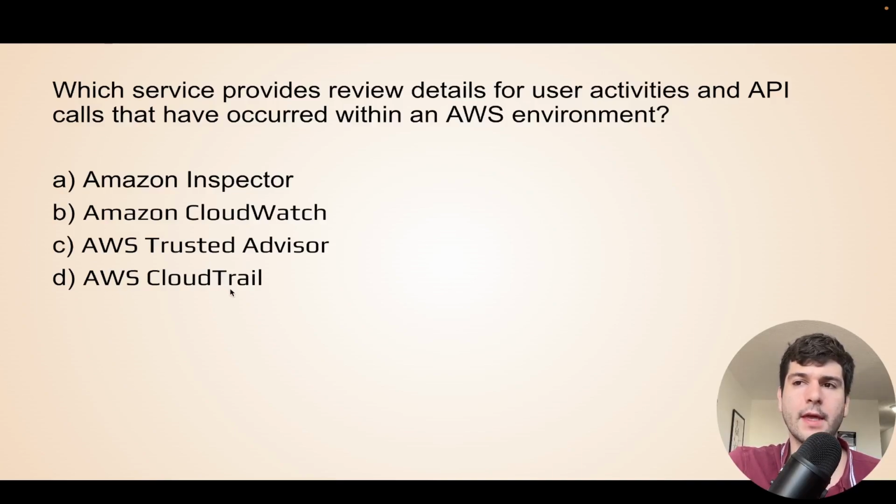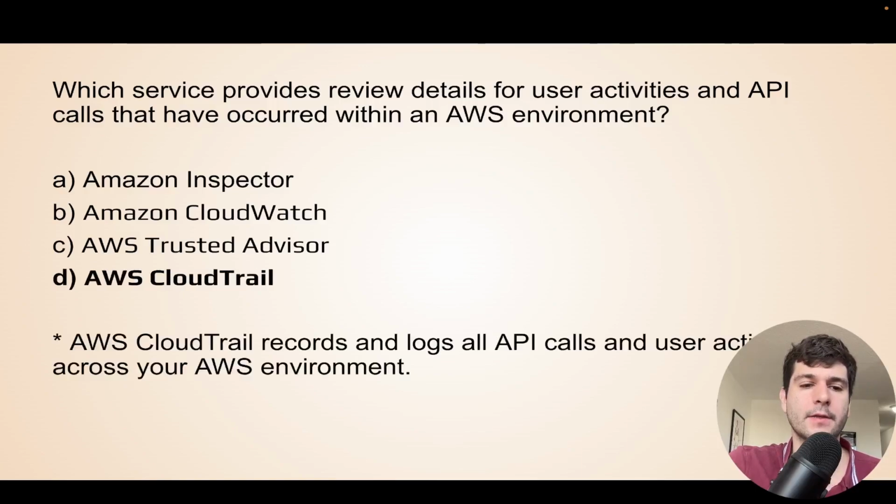And one way to remember it is from the name. So trail, CloudTrail, like it's a log or a history of the stuff that's been occurring by user activities and API calls. So CloudTrail records and logs all API calls and user activities across your AWS environment.